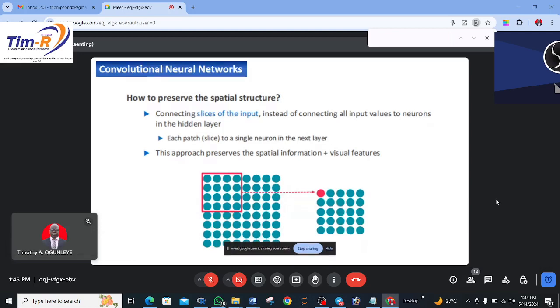It doesn't make sense to take everything and put it inside just one neuron or the whole neural network. We have to slice it into patches, like chunks. Each patch, which is called a slice, goes to a single neuron in the next layer and so on. This approach preserves the spatial information and the visual features.